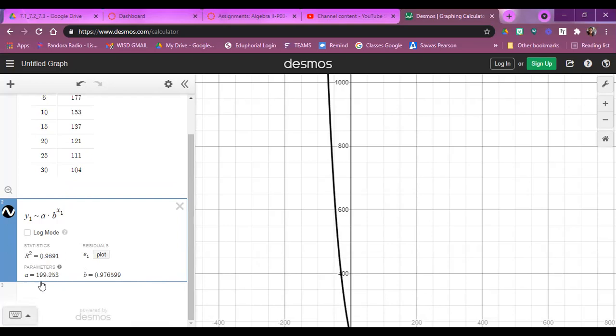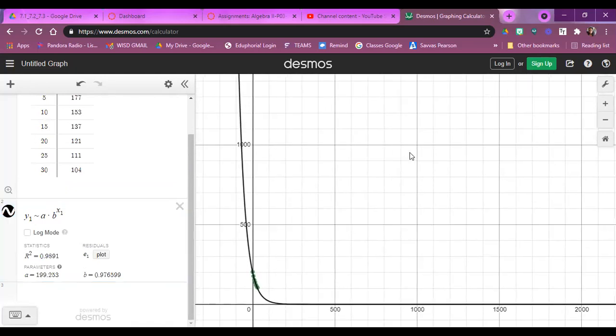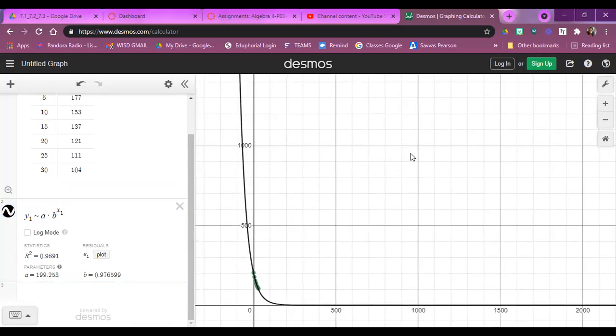All right, so it tells me my a value, and it tells me my b value, and here is my function. So as I can see, it is a decay.